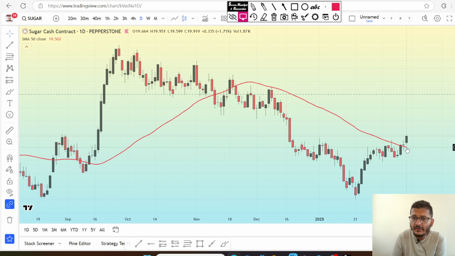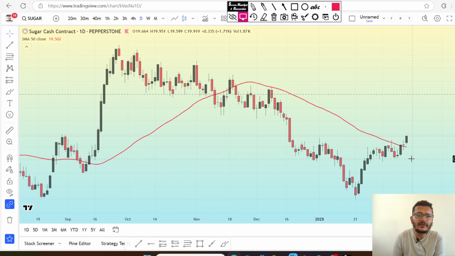This means it is the average price of the last 50 candles backwards. If you count 50 candles and look at their prices, this is the average price. So you need to understand it in that way.